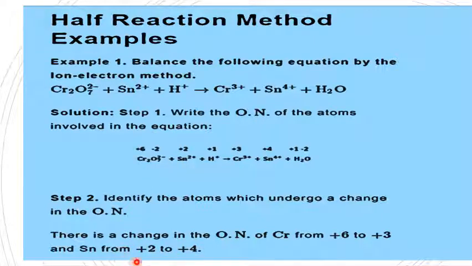So you know that in oxidation there will be a rise in oxidation number. So that would be Sn, plus 2 to plus 4. And chromium, you can check, has been reduced because its oxidation number is getting decreased. It is coming from plus 6 to plus 3.